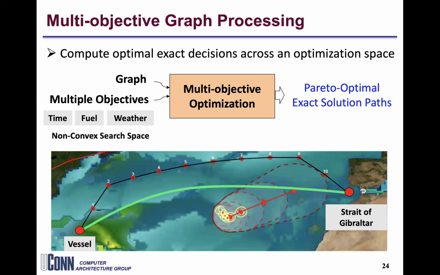So in this scenario, you need to not only make the decision based on the shortest distance or shortest fuel, you need to make the decision based on a combination of those things with the weather that you are going to encounter. That is evolving, that changes every hour. And how you route these multi-objective optimization problems with exact solutions is absolutely crucial to be able to deploy these things in practice.